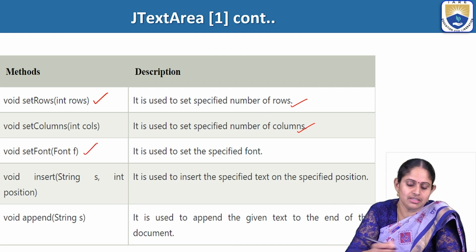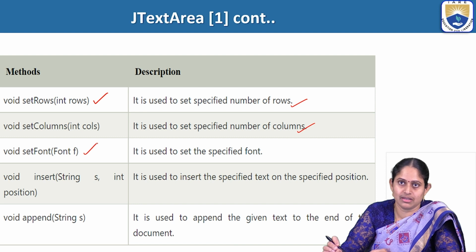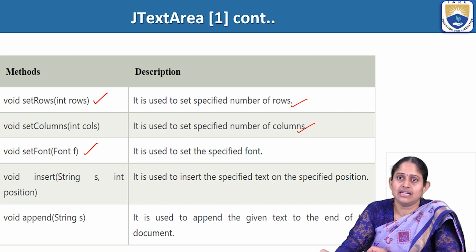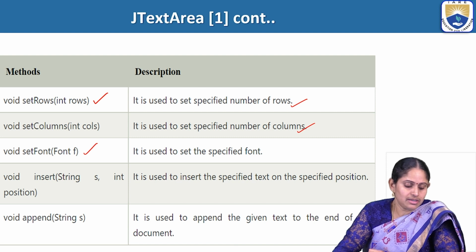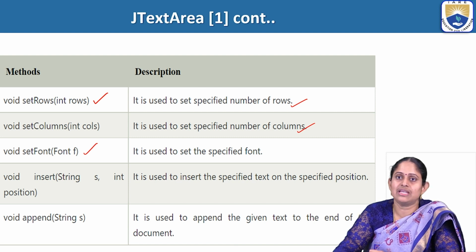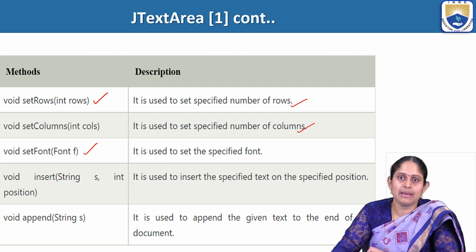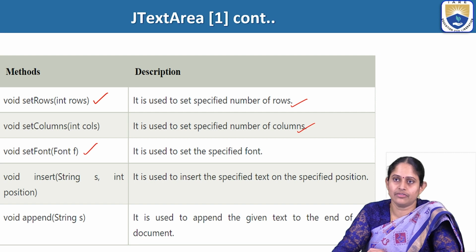The setFont method will set the font of the text area to the specified font. The insert method is used to insert the specific text at the specified position. The append method with string s is used to append the given text to the end of the document.